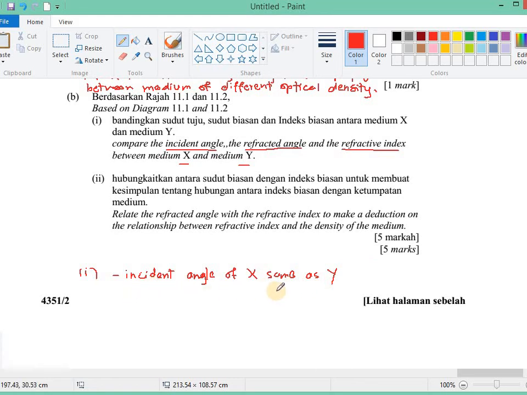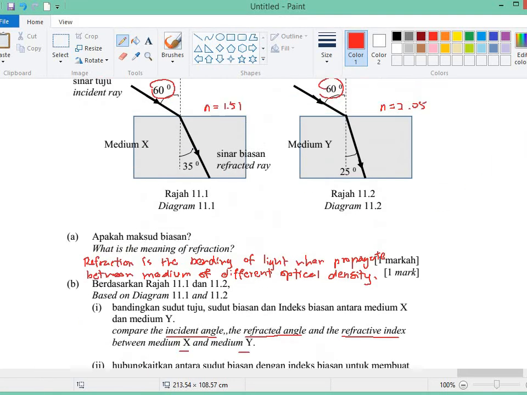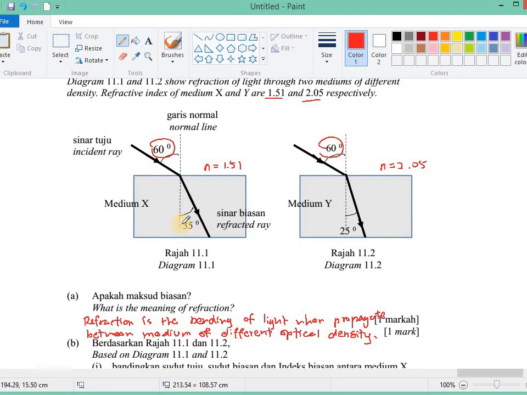So the incident angle of X is the same as Y. Next, we want to compare the refracted angle. We look at the refracted angle. X is 35, Y is 25.